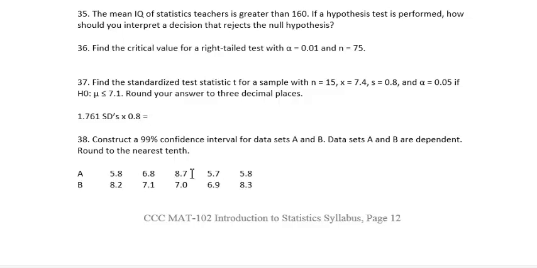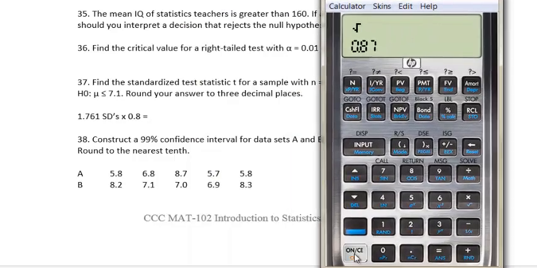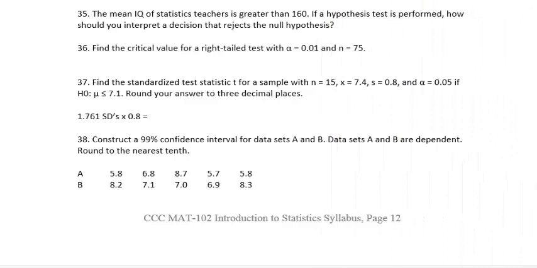I'm just going to multiply it out. Where's a little calculator here? 1.761 times 0.8. This would be the number of standard deviations away from the mean, approximately 1.41. I think if I did it on my calculator, it comes out to about 1.402 if you round it out to two more decimal spots, but it's approximately that.